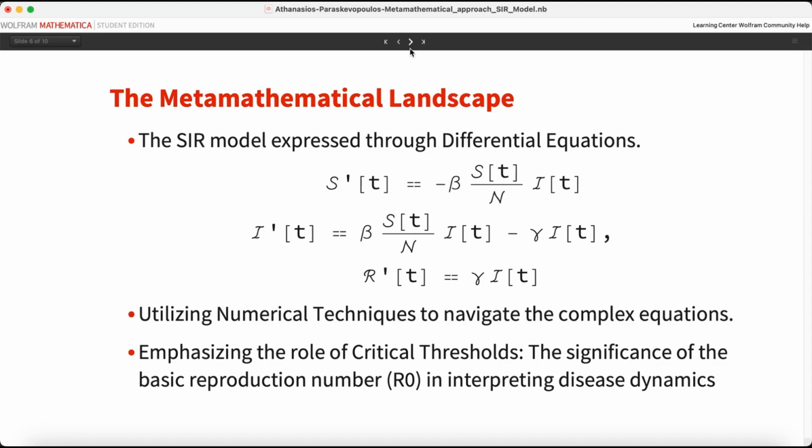That's why it's crucial to look beyond just the math and think about the bigger picture. By understanding the model's limits and the real-world factors it doesn't consider, we can use it more wisely and make better predictions about diseases.